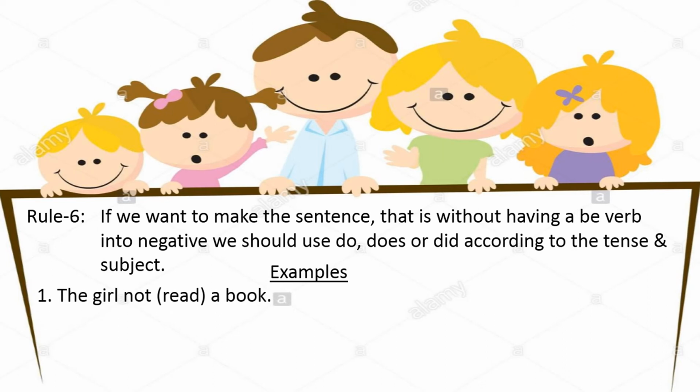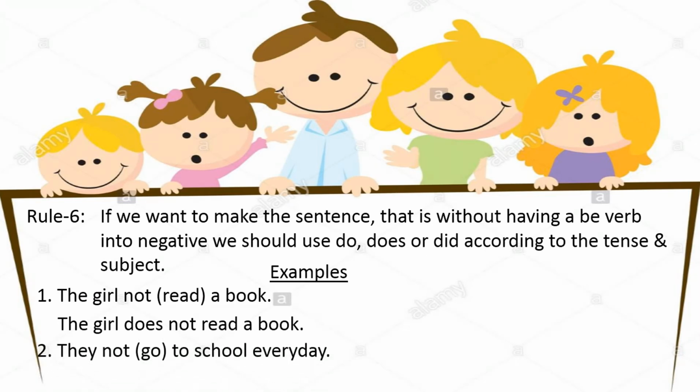Here it's a negative sentence without a be verb, so we will use do, does or did according to tense and subject. It's present indefinite tense and the subject is third person singular number, so we will use does. So the girl does not read a book.